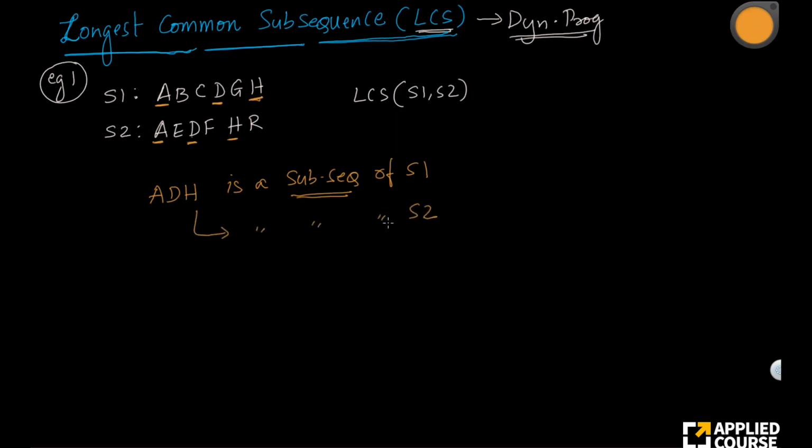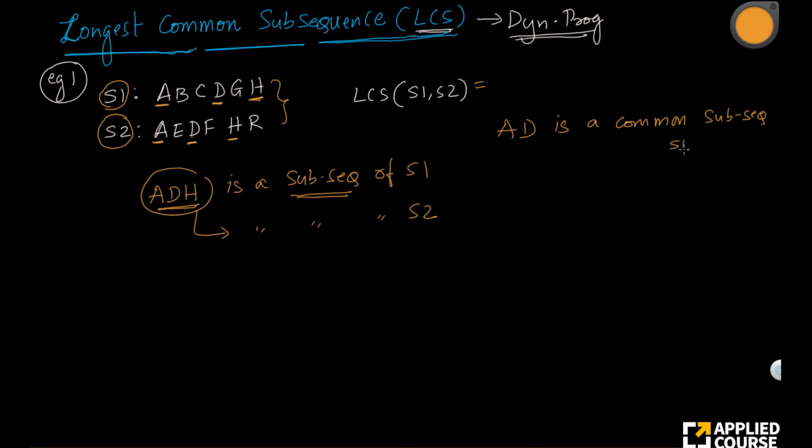Similarly, ADH is a subsequence of S2 also. Now, the longest common subsequence of S1 and S2 is a subsequence of both S1 and S2 such that its length is maximal. So, for example, AD is a common subsequence between S1 and S2.